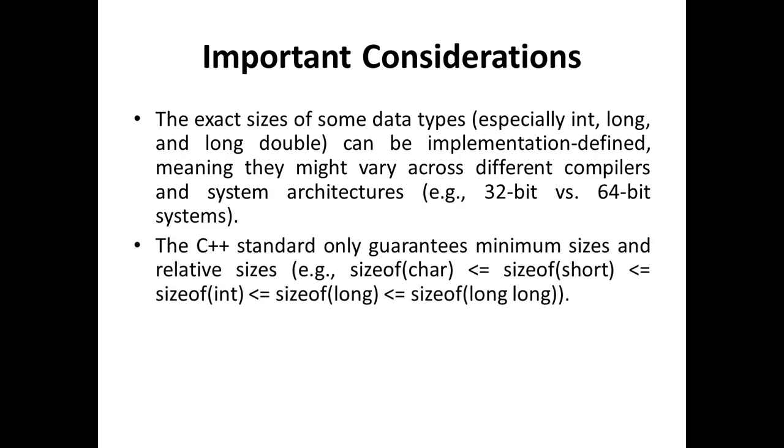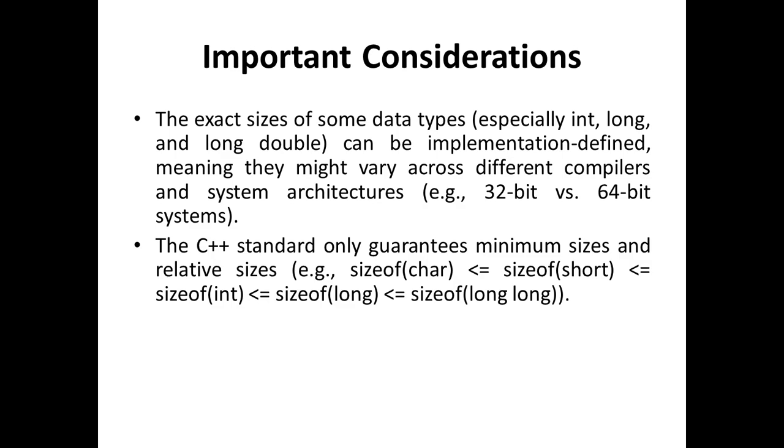The C++ standard only guarantees minimum sizes and relative sizes. What the C++ standard guarantees is that the character data type is less than or equal to the short data type, meaning the short data type cannot be less than the character data type.